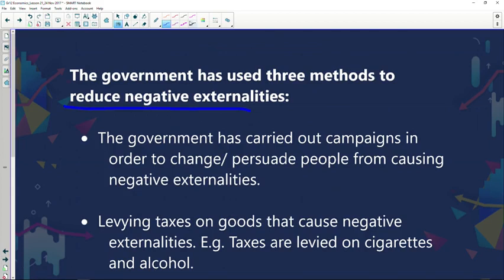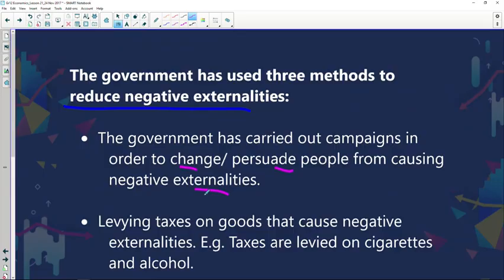What is the role of government, and has government been successful in reducing the negative externalities? The government has carried out campaigns in order to persuade people from causing negative externalities. We've all seen a number of campaigns with regards to smoking, consuming alcohol, and pollution as well.